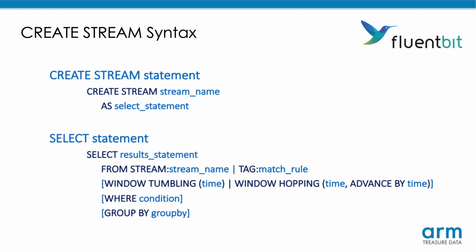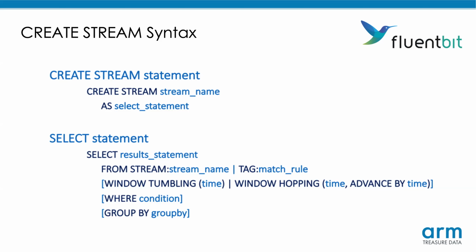We can have another window that some of you may know as a moving window, where this window is called hopping here, and we can say that there's a hopping window of size 30 seconds, and it advances by, for example, 1 second. So every 1 second, we throw away the old data from the first 1 second and put back the new data for the coming 1 second. This is called window hopping.